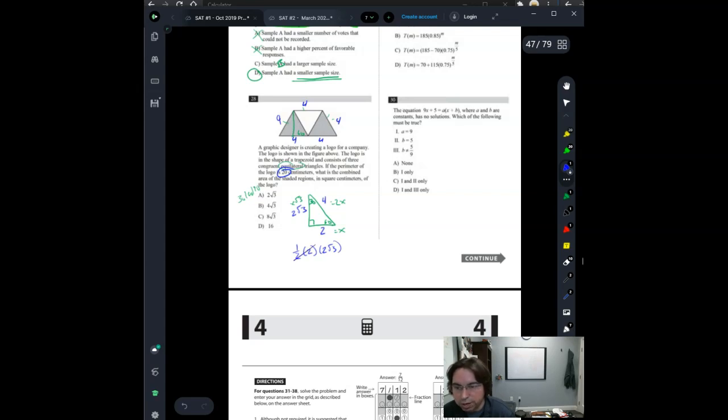So we know that the area of this part of the triangle is 2 square root of 3. Multiply that, and the whole triangle is going to be 4 square root of 3. So that means this is also 4 square root of 3. Add those together, you're going to get 8 square root of 3, so C is the answer choice.